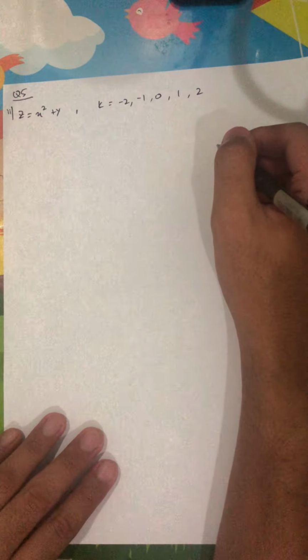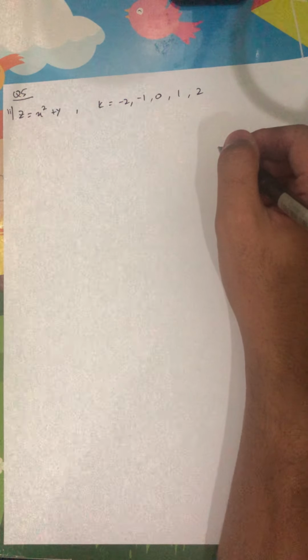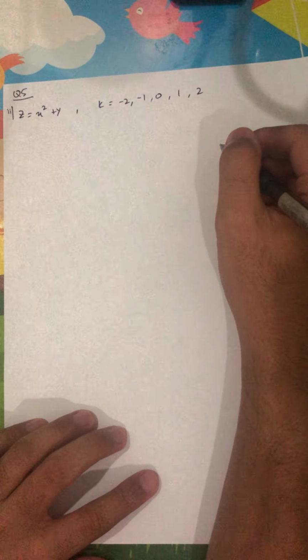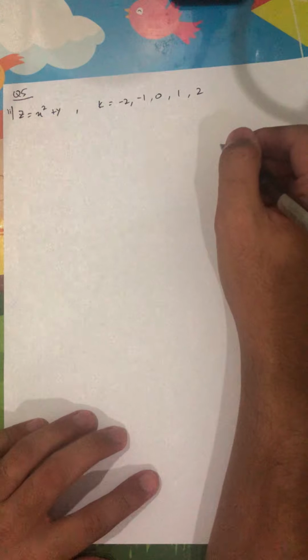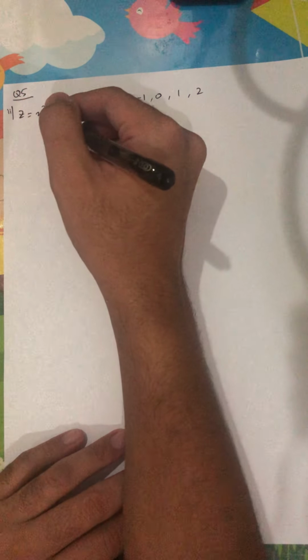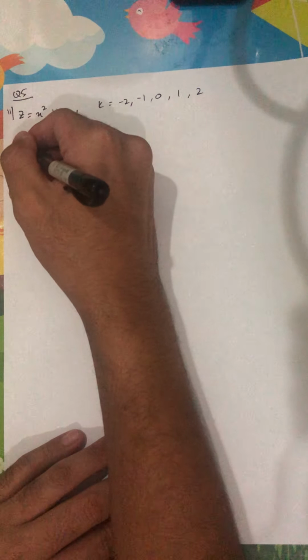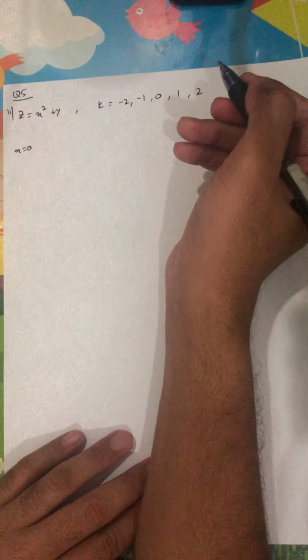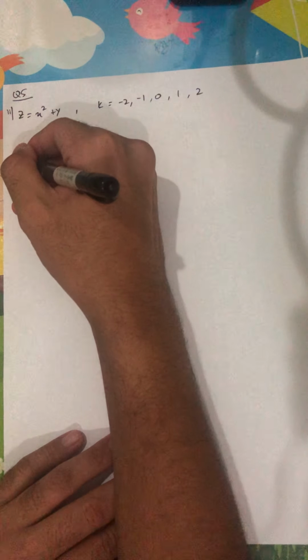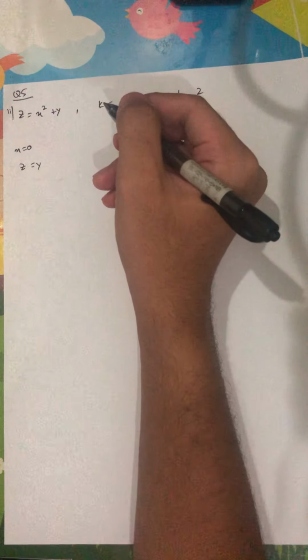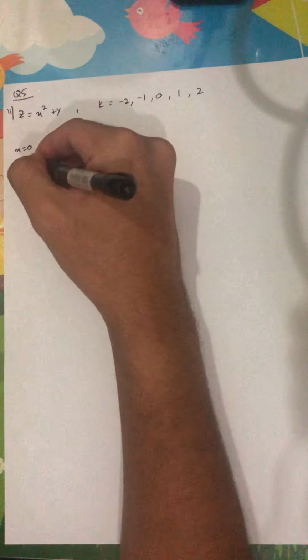So now when you look at this, let's do it this way. Let's say in the first case, we let x equal to 0, so z will be equal to y.